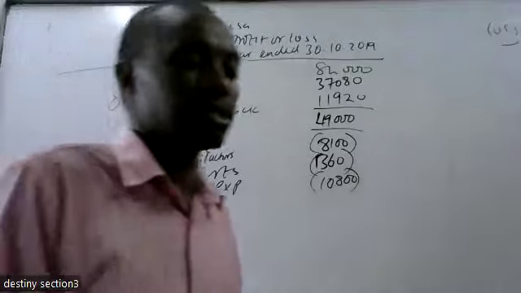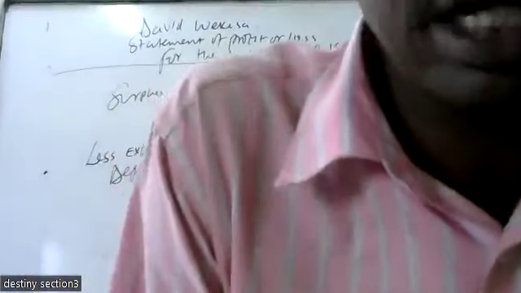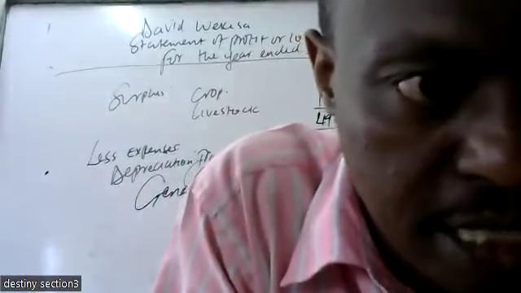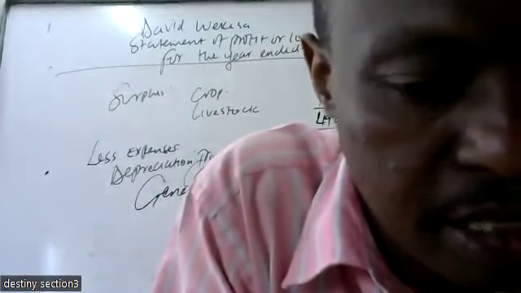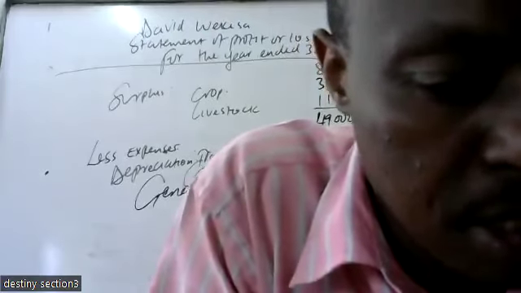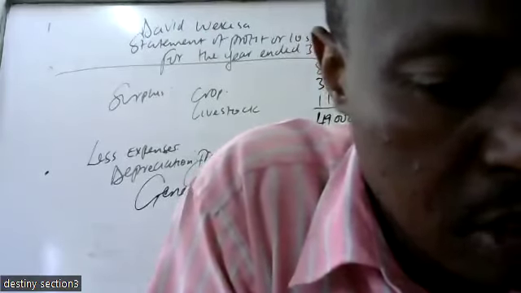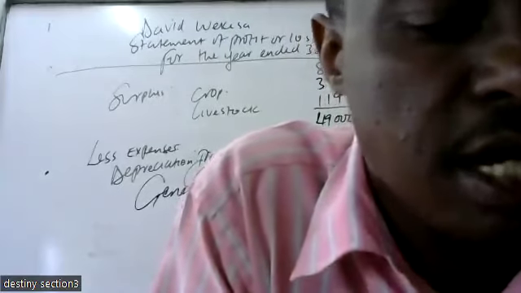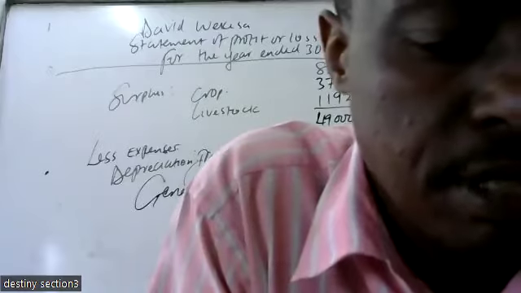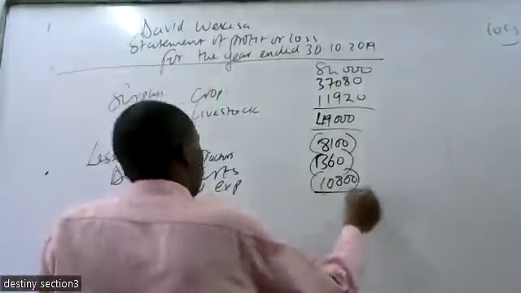If you can't see any other expense in the trial balance, we just conclude that those are the expenses. So what is our profit before tax?